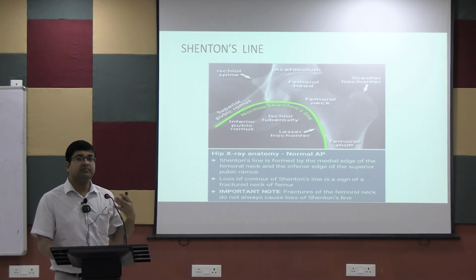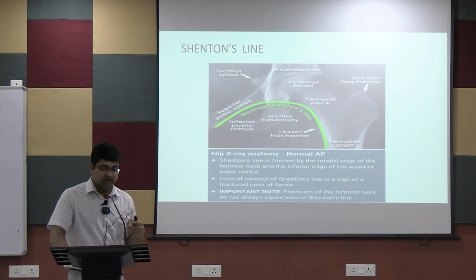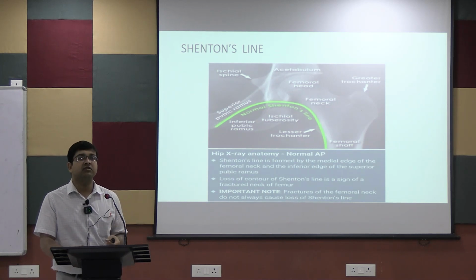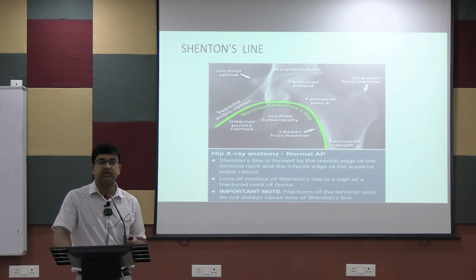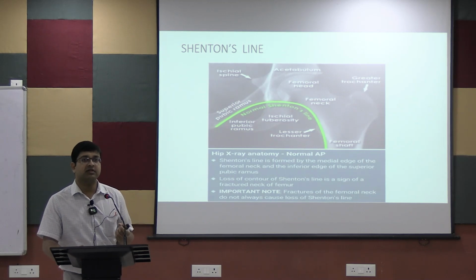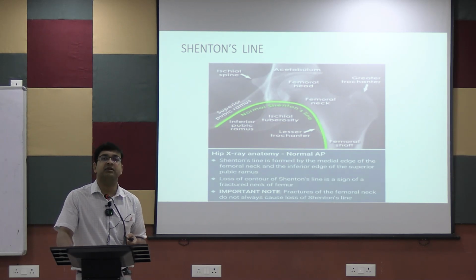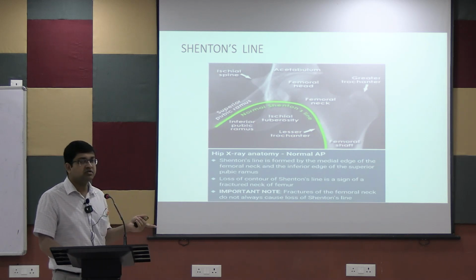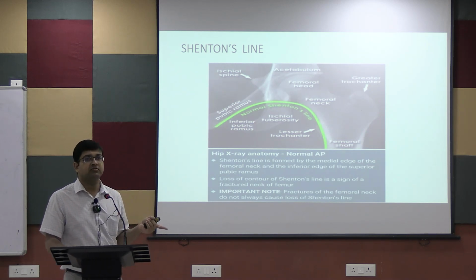If there is any break or any interruption of the Shenton's line, you will suspect a neck of femur fracture. So now the question is, what are the conditions where you will find a break or interruption of the Shenton's line? There are several conditions. One is dislocation of the hip joint. If the hip joint is dislocated, the Shenton's line may not be continuous.